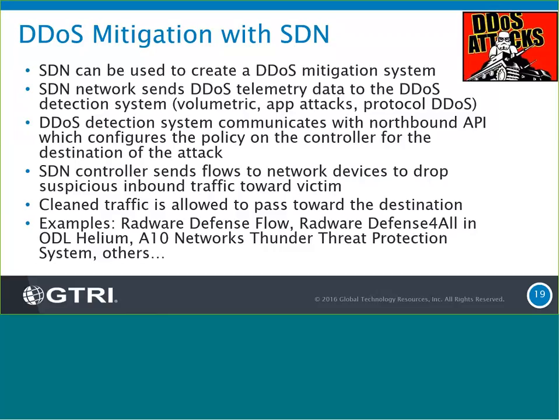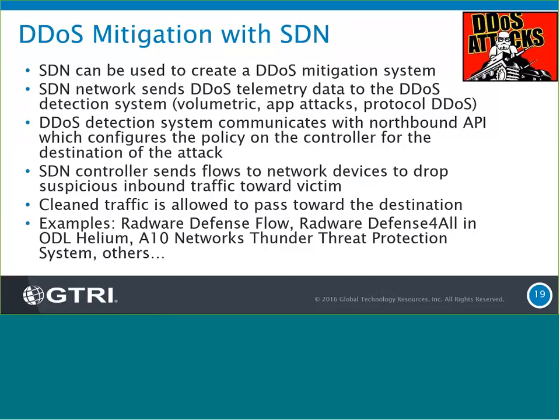With SDN, we could do this in real time without human intervention. We could have a DDoS telemetry system monitor current traffic volumes, and when a DDoS condition occurs, identify the type of DDoS traffic, communicate that information to the controller, and let the controller push down rules and policies to all of the network elements to block that DDoS traffic.